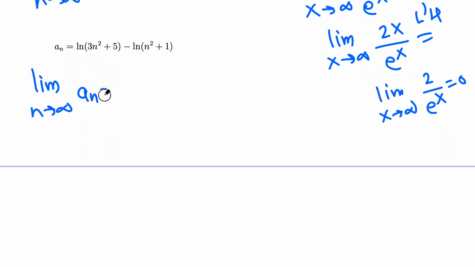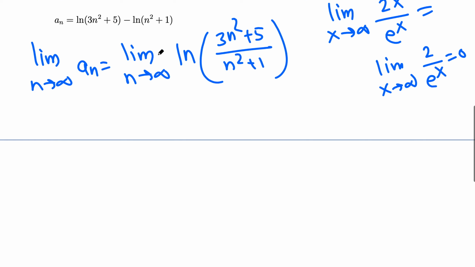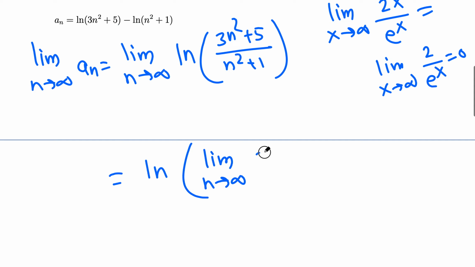This a_n is the limit as n goes to infinity of the natural log of the quotient: 3n squared plus 5 on the top, n squared plus 1 on the bottom. Now we can take this limit inside, so this is the natural log of the limit as n goes to infinity of (3n squared plus 5) over (n squared plus 1).